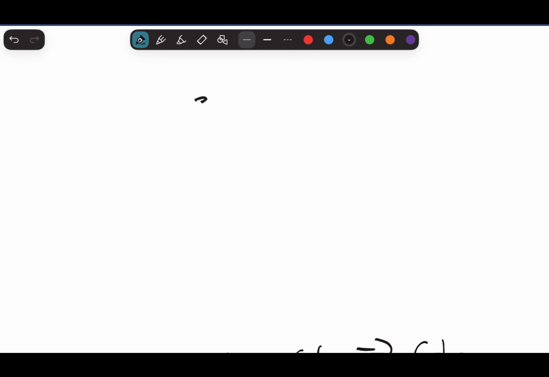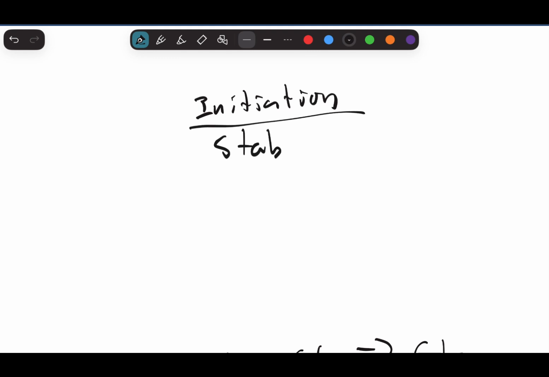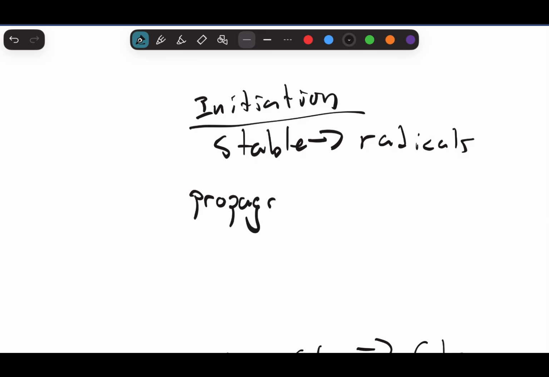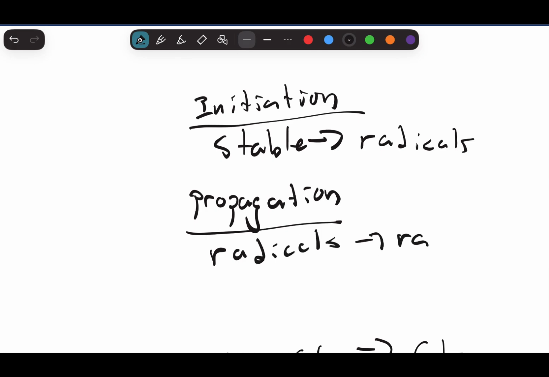We have initiation, where stable molecules form radicals. Propagation, where radicals form radicals.